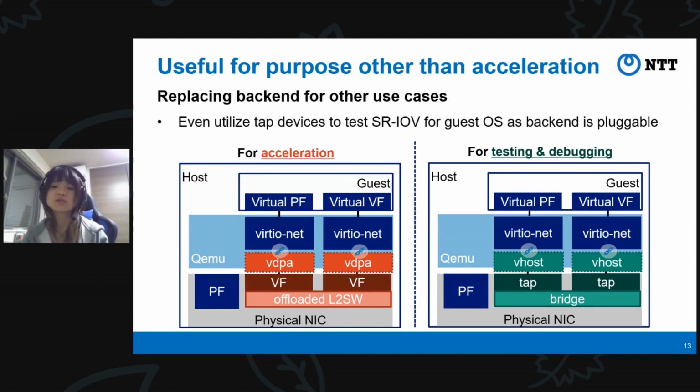And this way is useful for purposes other than acceleration. By replacing the backend, this way can be used for other use cases because the backend is pluggable. For example, this even utilizes tap devices to test SR-IOV for guest OS.